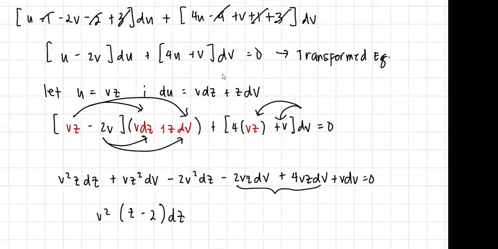Then for dv, the common factor is v, so plus v times z squared plus 2z plus 1 dv equals 0. Okay? So this is our separable equation.